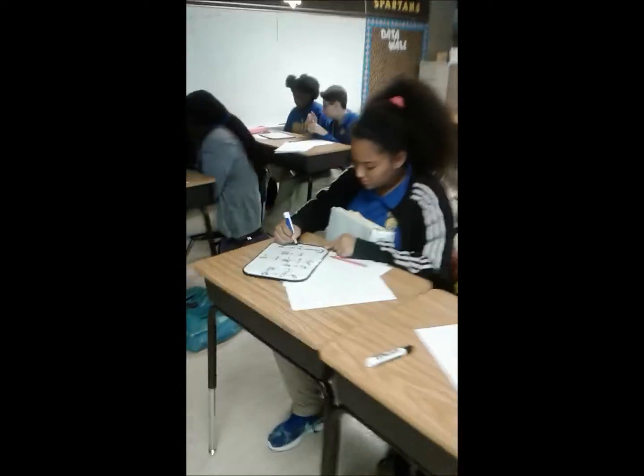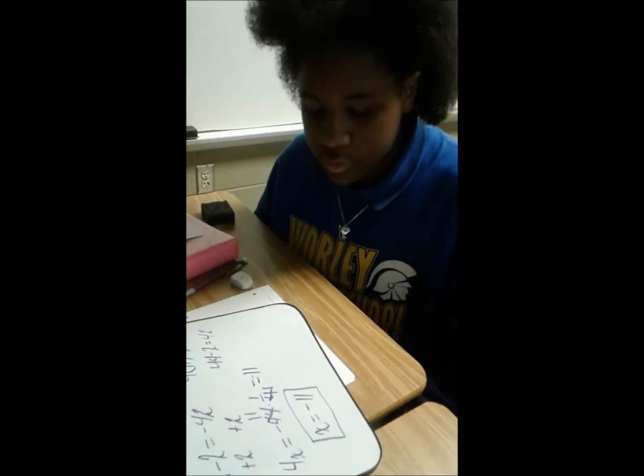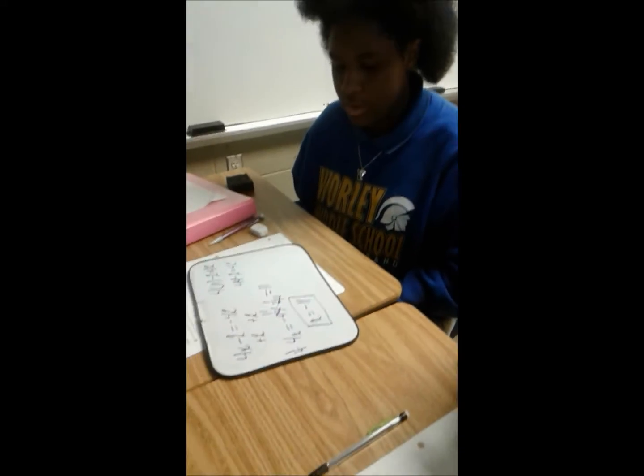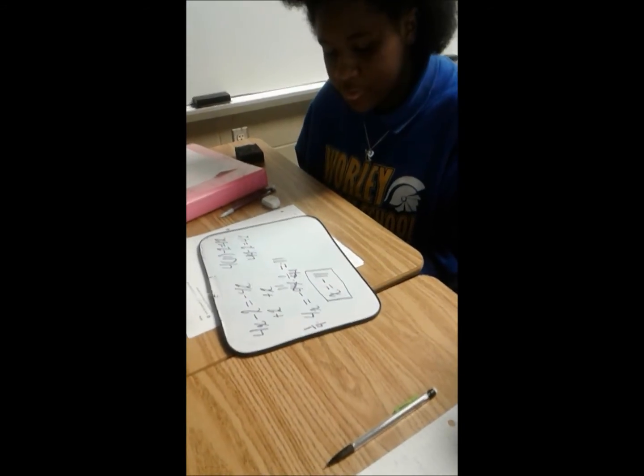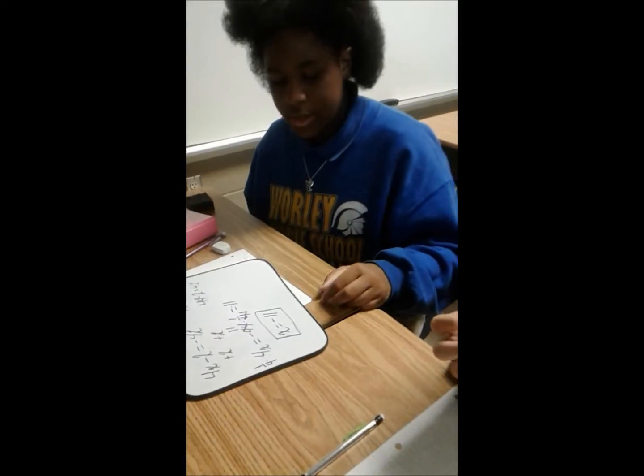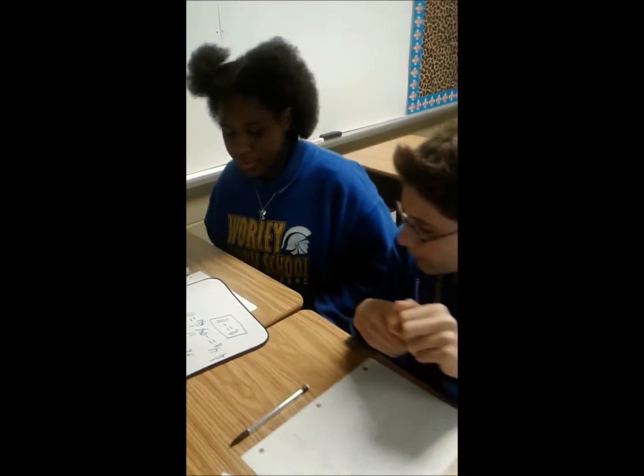I added 2 to negative 2 to get 0. And I added 2 to negative 42 to get 44. Then I got 4x equals 44.